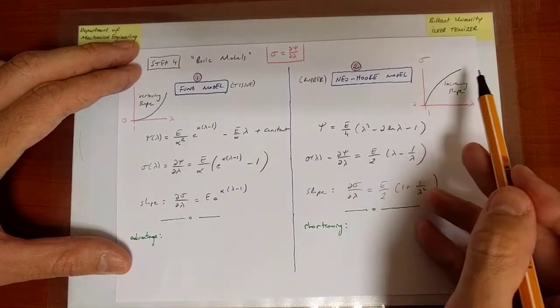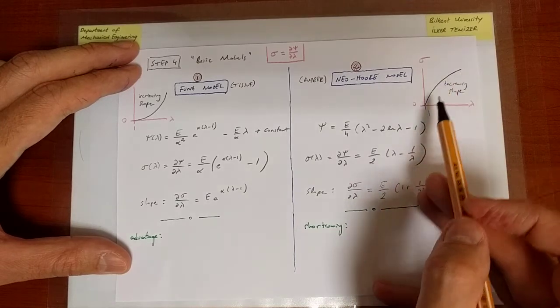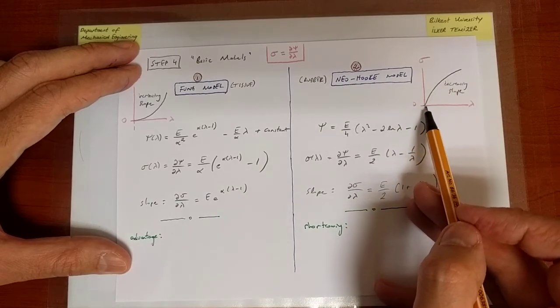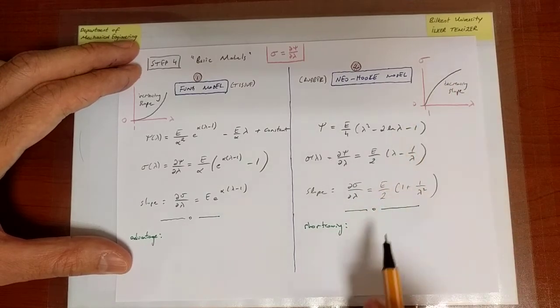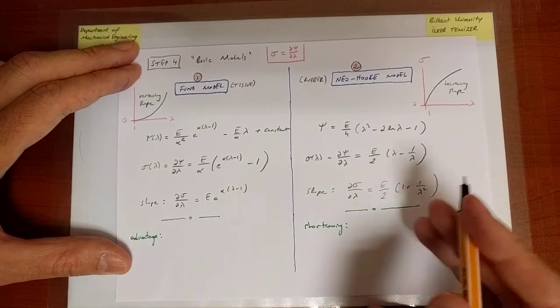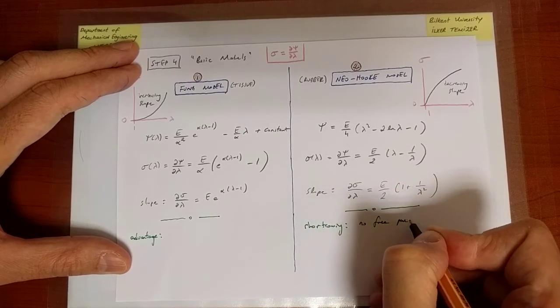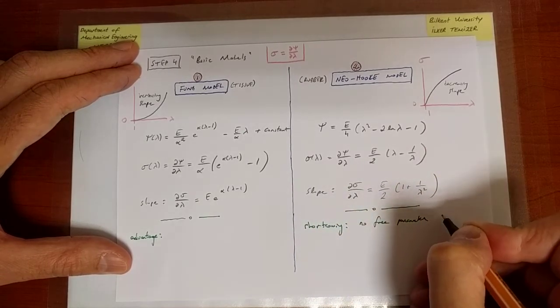But in this case, we are looking at large deformations. I need to be able to fit this nonlinear curve beyond the region of small deformations, which is in the vicinity of lambda equals 1. So the shortcoming of this is that there are no such free parameters here. It's just the Young's modulus. So no free parameter except E, let's say.